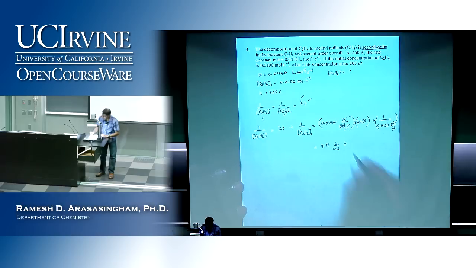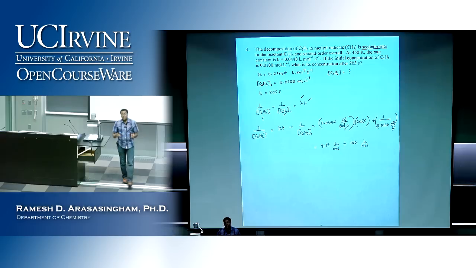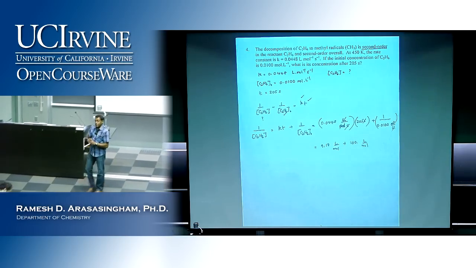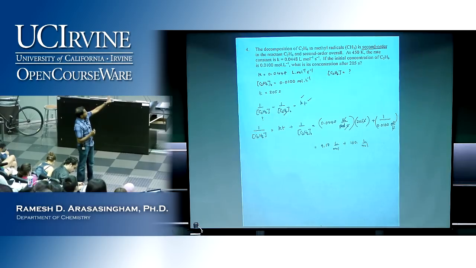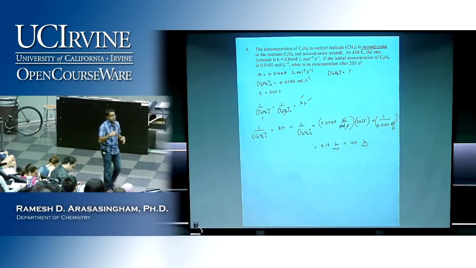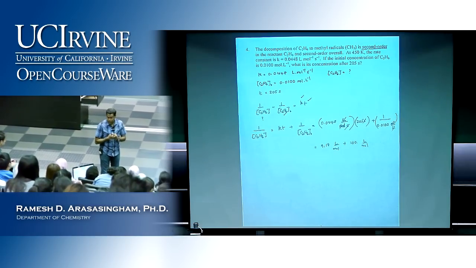So if you take that, this becomes 100 liters per mole as well. The reason the units don't cancel out is because we're not multiplying, we're adding them. And you can only add apples to apples. Can you see that? The unit is liters per mole. The unit for the other is the inverse of moles per liter, and therefore it's liters per mole, and therefore you can add apples to apples. Does that make sense to everybody?